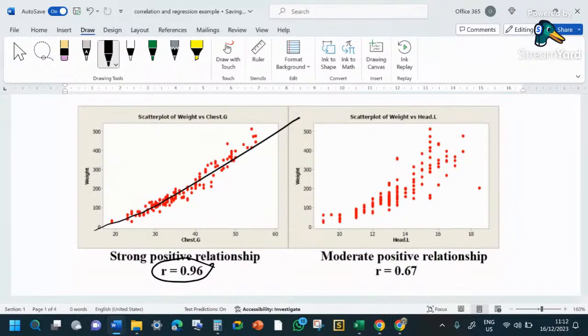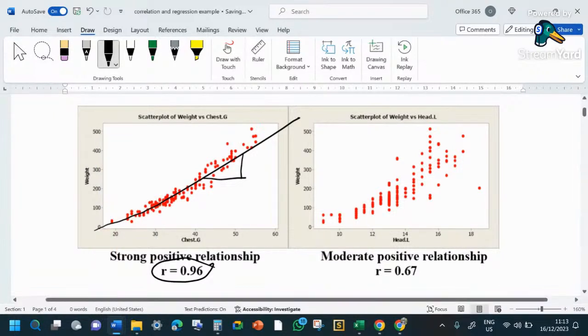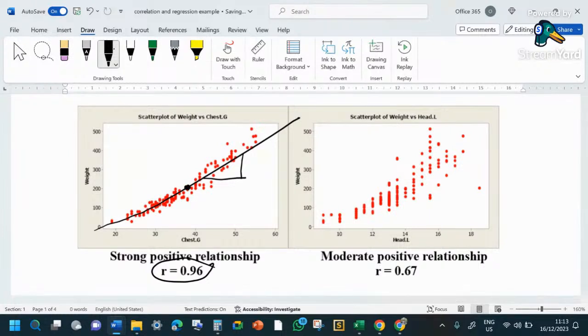It's near to 1 because the dots are very close to each other and you can draw a straight line through them. Okay, and you can also get a slope from it. And from the line, you can get a y and an x to determine your slope.